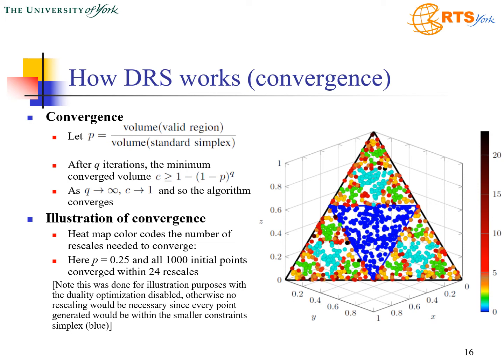And here the valid region is the inverted triangle shown in blue in the centre. So points that are initially in the valid region require 0 rescales. Those colour-coded in turquoise require 1, in green require 2, in yellow 3, orange 4, and red 5. In the worst case here, a maximum of 24 rescale operations were required.